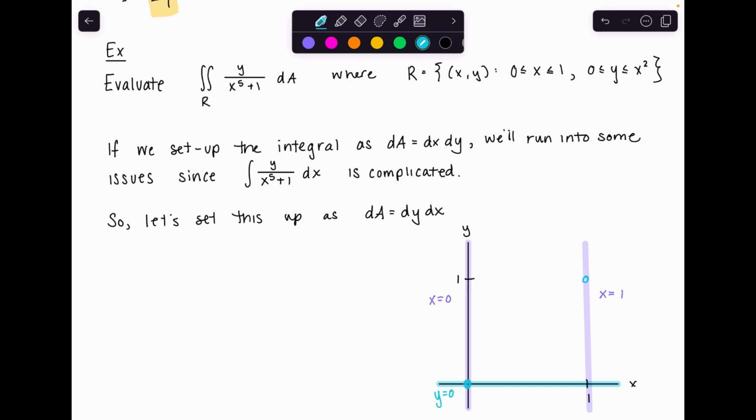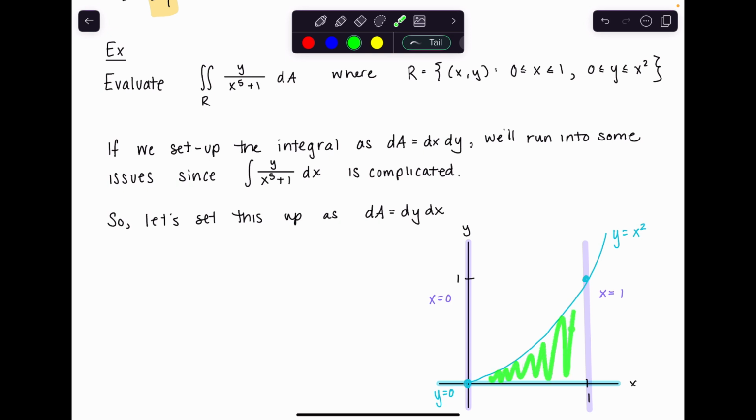So it goes right up here through 1, 1, and then it's got this shape. So the only thing that is enclosed by all of my curves is this region right here. So this is exactly R.